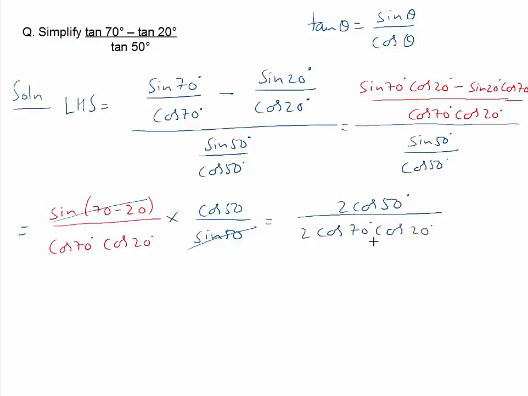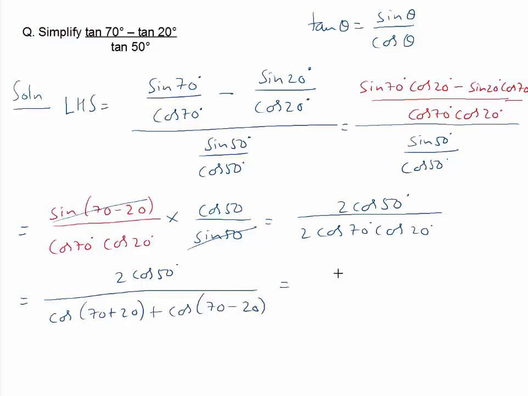Now we can apply the formula of 2 cos A cos B. So this would become 2 cos 50 degrees divided by 2 cos A cos B, which is equal to cos of A plus B plus cos of A minus B. So that would be 2 cos 50 degrees whole divided by cos 90 degrees plus cos 50 degrees.